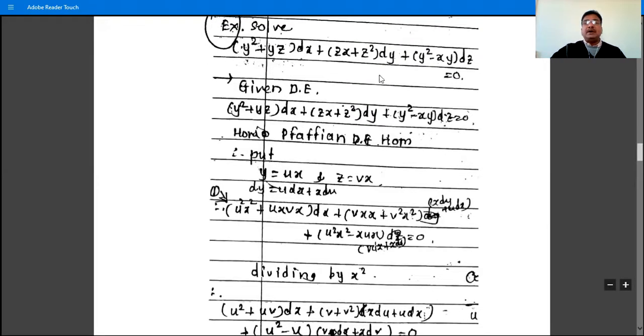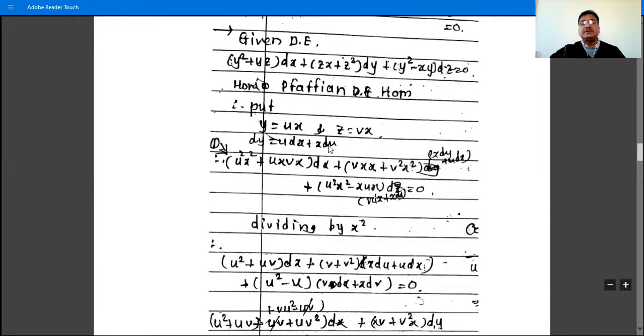Once you identify that the given differential equation is a homogeneous Pfaffian differential equation, what is the procedure? Substitute y = ux and z = vx. Therefore dy = u dx + x du, and dz = v dx + x dv.